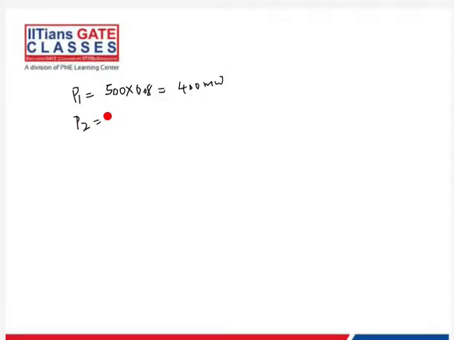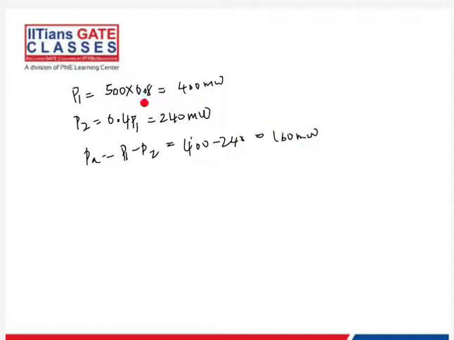P2 is reduced by 60%, so it will now be 40% of P1, that would be 160 MW. PA would be P1 minus P2, that is 400 minus 160, that is 240 MW. Now omega.